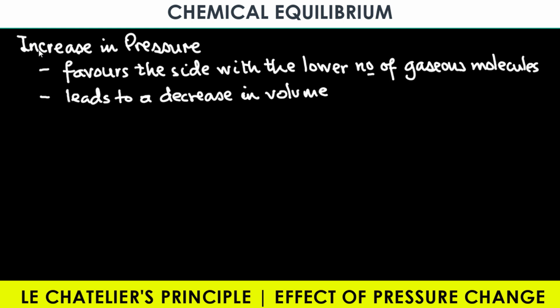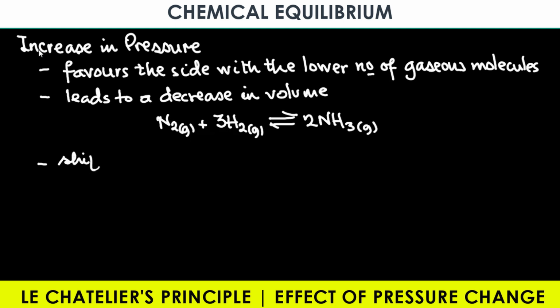So if we take ammonia for example, N2 gas plus 3H2 gas, that's the industrial manufacture of ammonia, giving us 2NH3 gas. When you increase the pressure of this system, right? Increase in pressure shifts equilibrium position to the right.